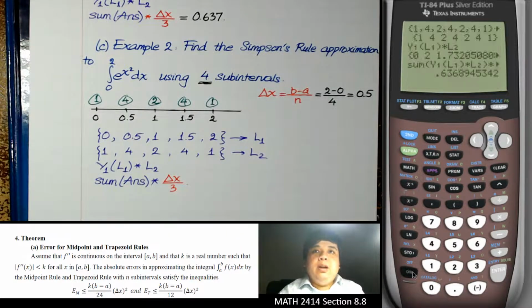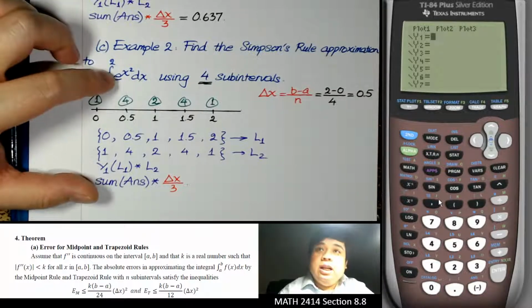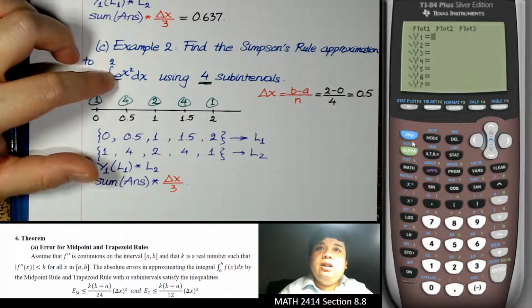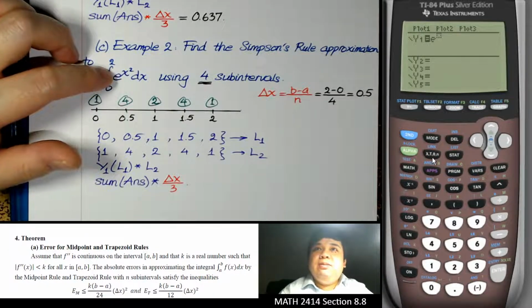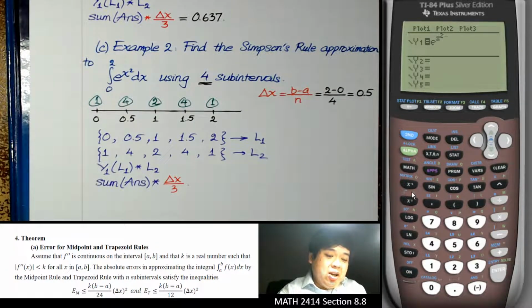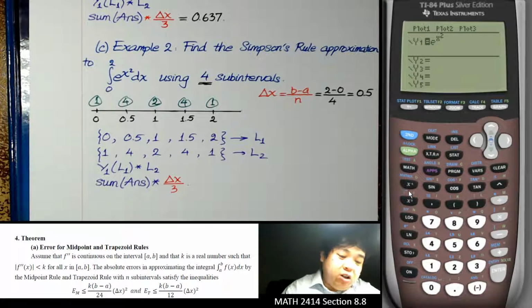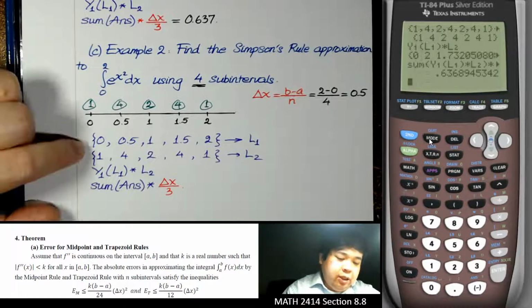Right. So first enter the function e to the x squared. I use this a lot because this is a function we cannot integrate using the functions that we know. Right, so we do that. Enter the function. Enter the list.